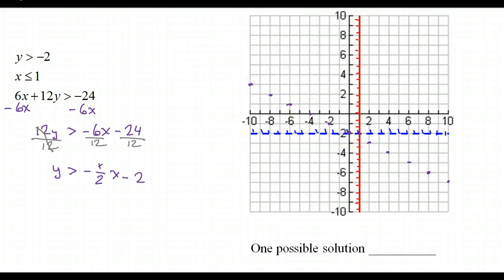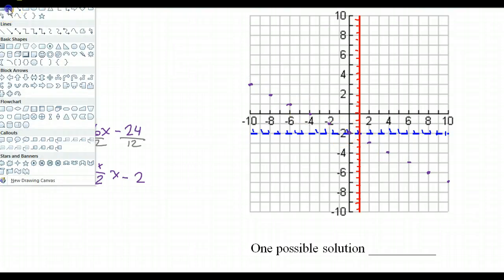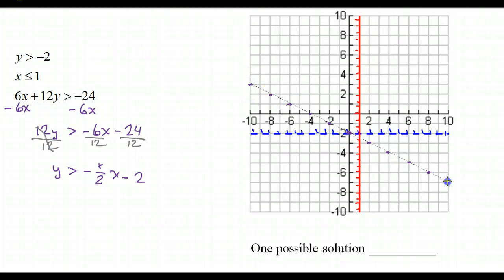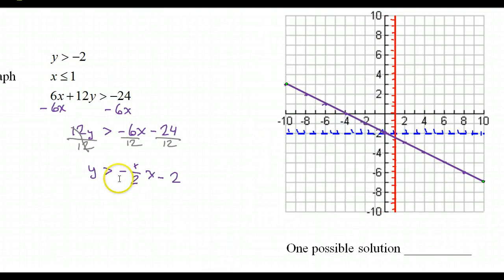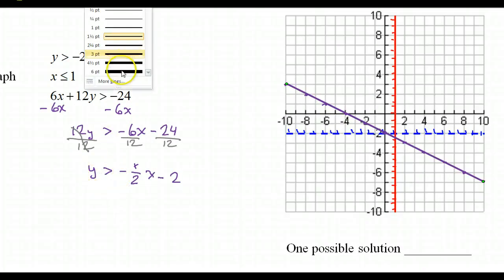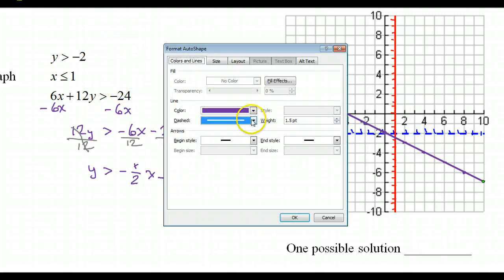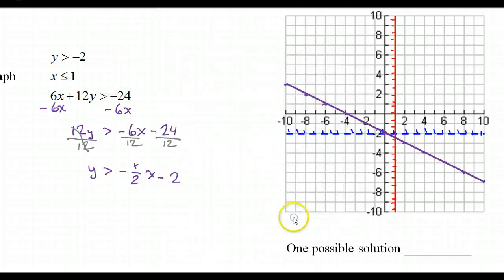Alright, let's graph that one. Because this is greater than and not equal to, it should be a dotted line. And because it says greater than, we should put a little bit of shading on the above side of the line like this.